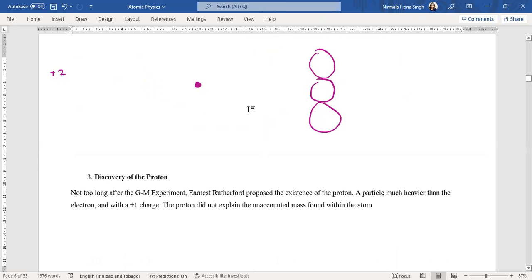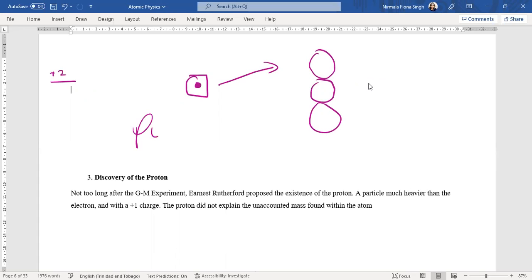Then they start thinking about what will cause an alpha particle, a +2 charge, to change its direction. There's only one thing that will make an alpha particle change its direction, and that's the presence of another positive charge.